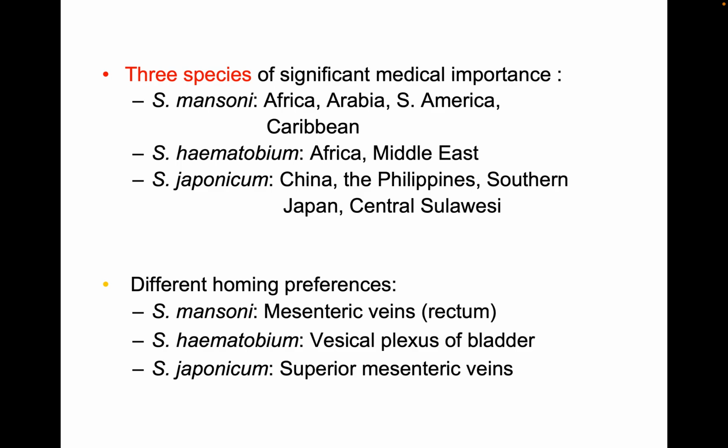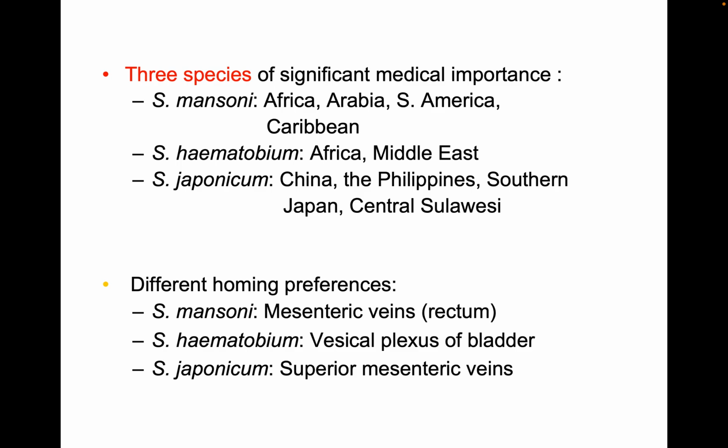Schistosoma mansoni was found in Africa, Arabia, and South American and Caribbean countries. Schistosoma haematobium was found in Africa and the Middle East. And Schistosoma japonicum was found in China and the Philippines, southern Japan, and central Sulawesi.